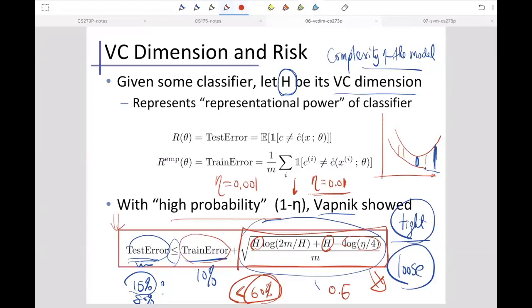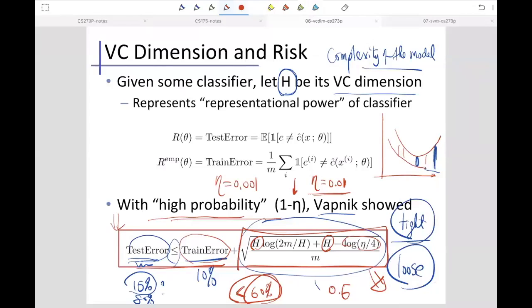If you choose this sample different from the other sample, that gives you very different behaviors. So fundamentally it is a probabilistic statement, saying to what extent this is true. So if you choose eta to be 0.001, the statement is true 99.9% of the time.